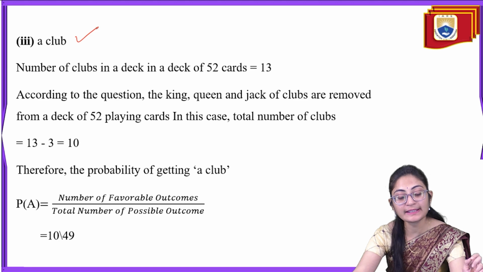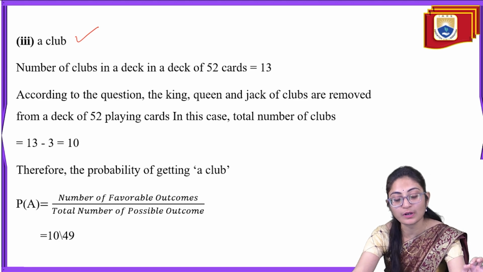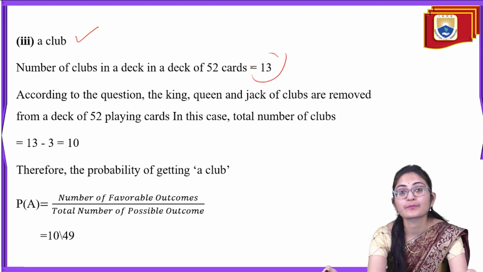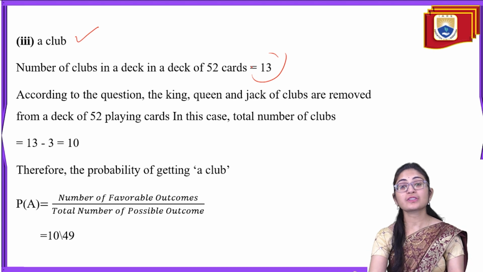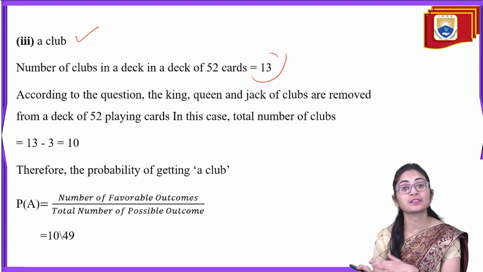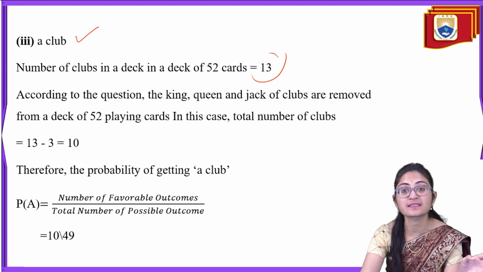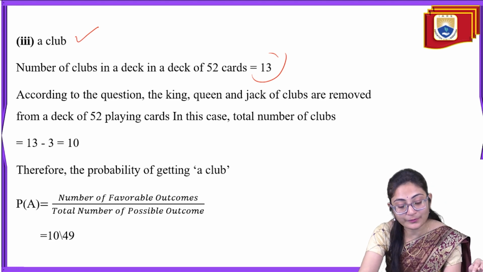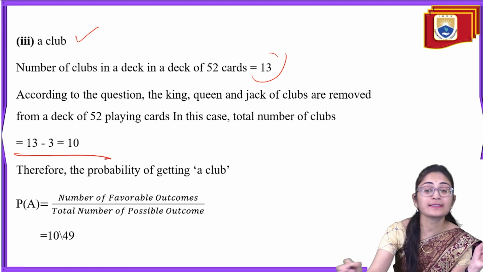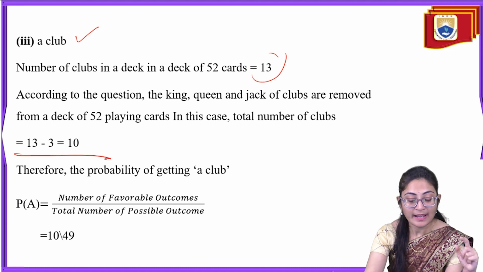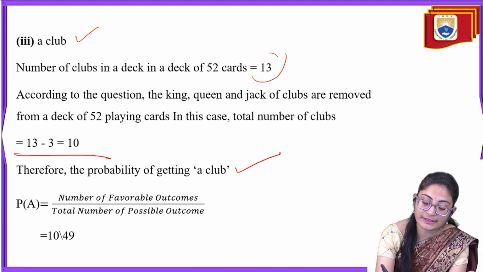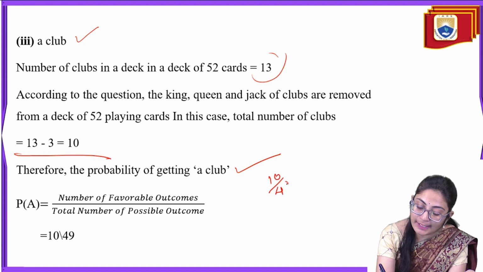Number of clubs in a deck of 52 cards is 13. And according to the question, king, queen and jack of the clubs are already removed from the deck of 52 playing cards. So here total number of clubs are 13 minus 3, that is 10. And the probability of getting a club is 10 by 49.